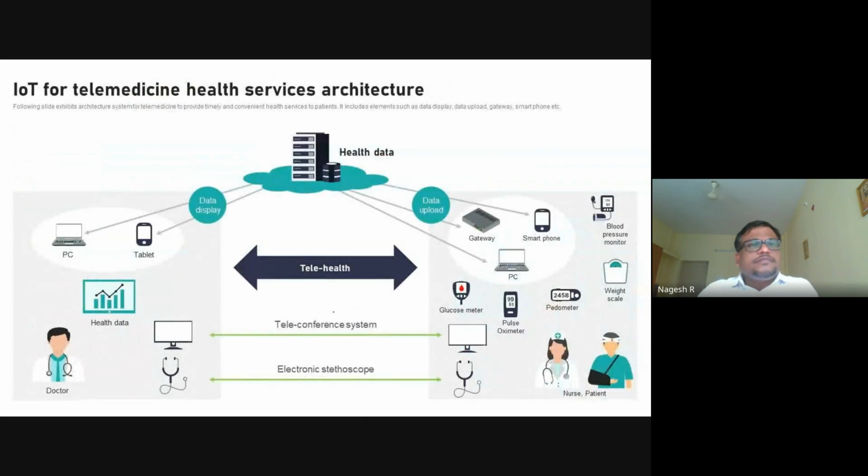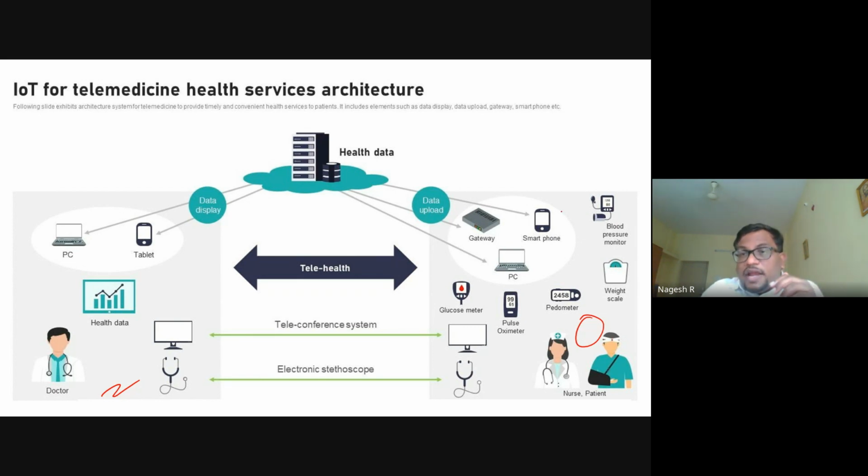This is the architecture of telemedicine. If the patient is in a rural area or at a long distance from the hospital, he can visit the primary health care center. This model applies to countries like ours, where ours is a rural economy.